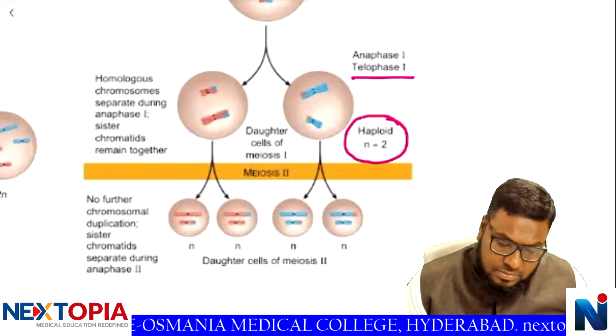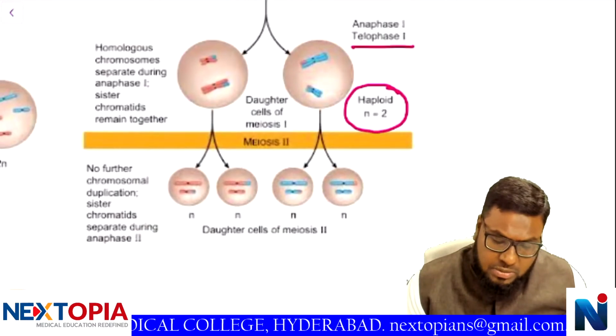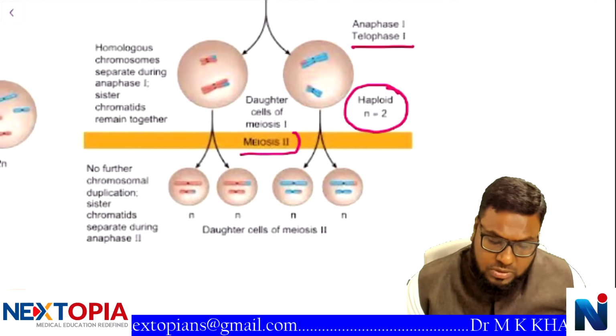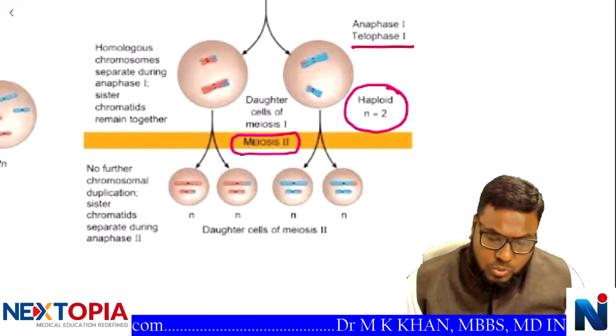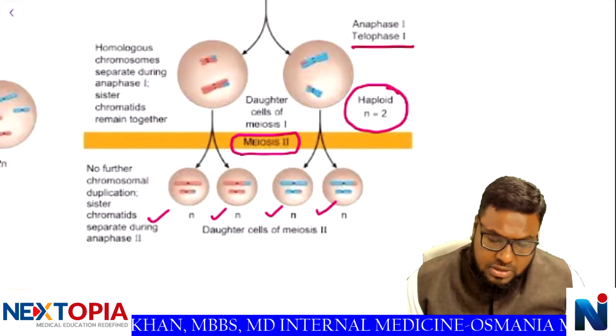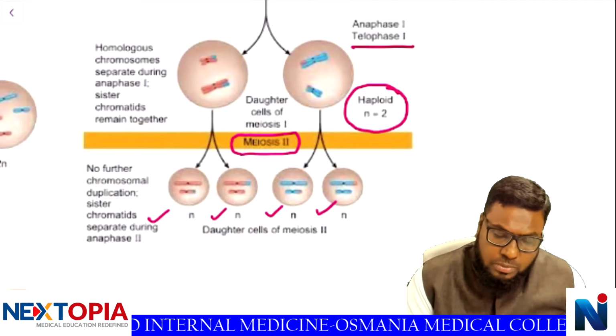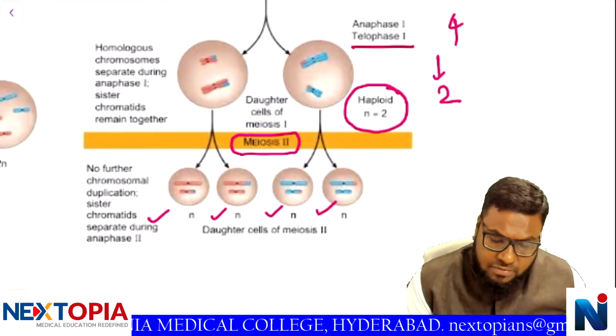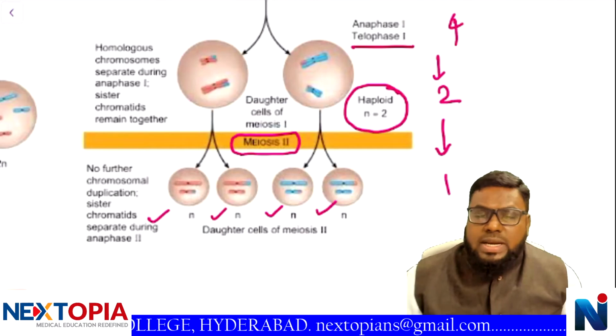After that, each cell undergoes meiosis 2. In case of meiosis 2, each cell will receive one set of chromosomes. So initially there were 4, from 4 it has become 2, from 2 it has become 1. So this is meiosis 1 and meiosis 2.